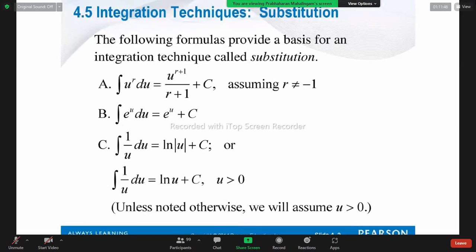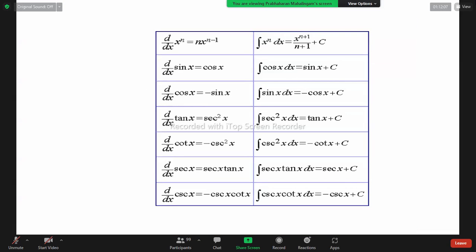No problem. This also, right? So these are the formulas.